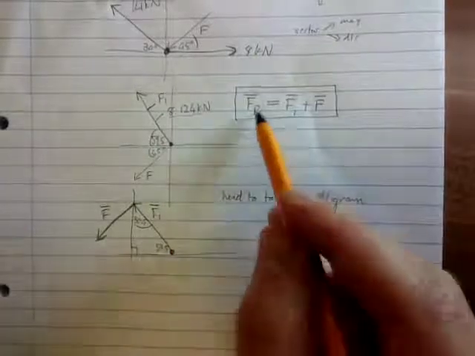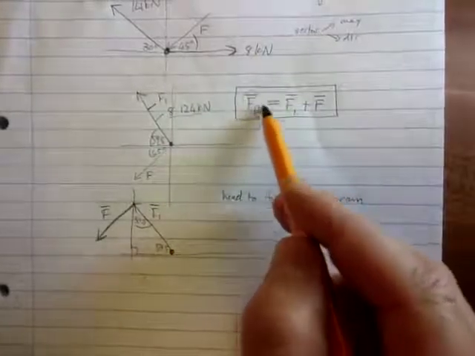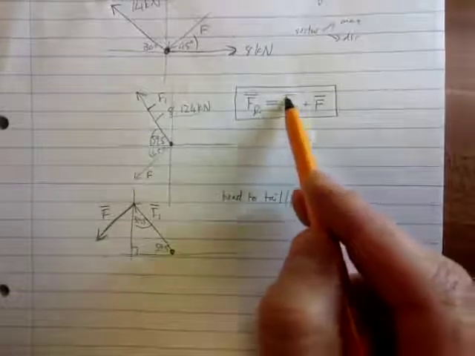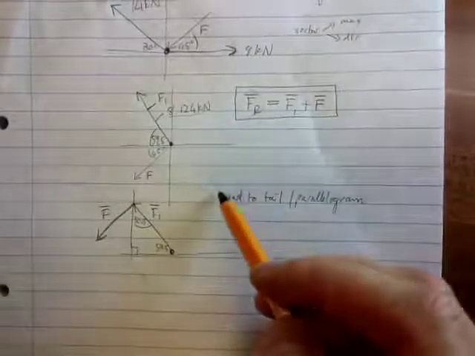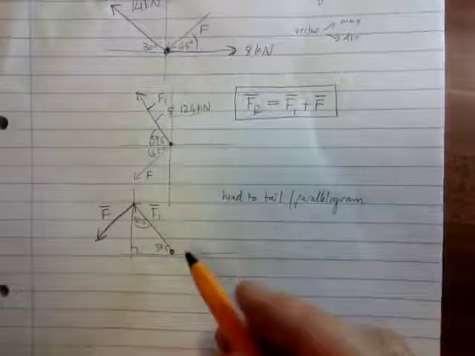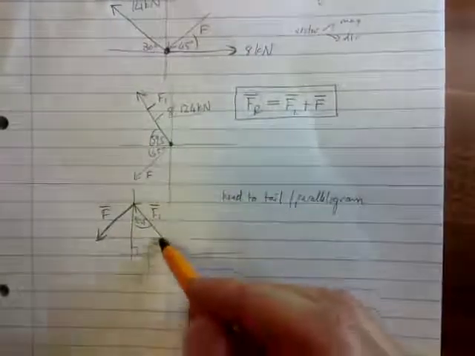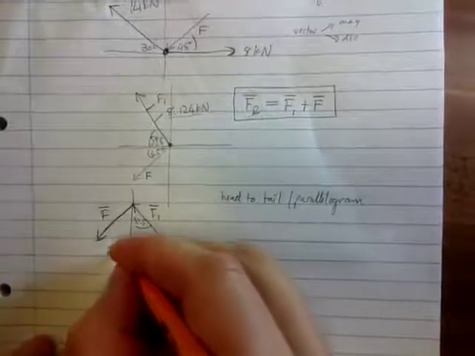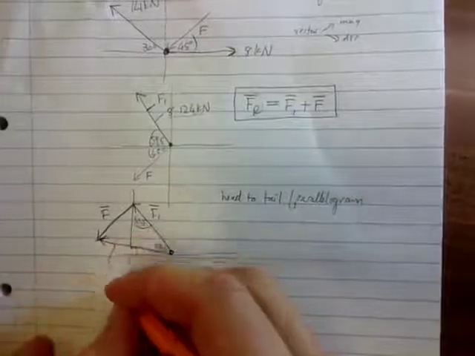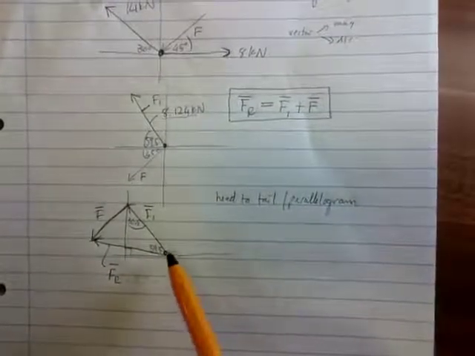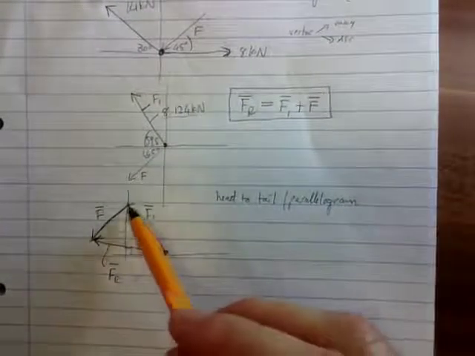Now, look again at this. The resultant force vector is equal to F1 vector plus F vector. So, F1 plus F equals FR. Okay, is that clear? We've simply done vector addition. This force plus that force gives us our resultant force.